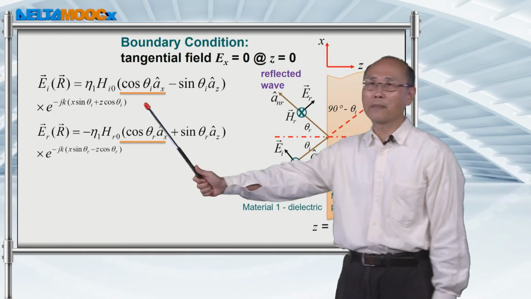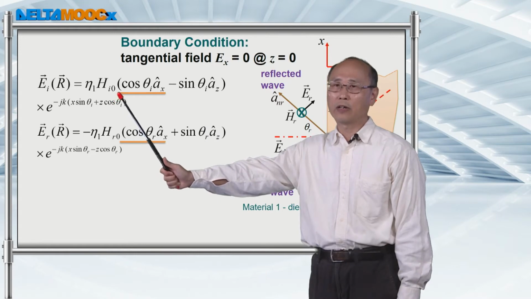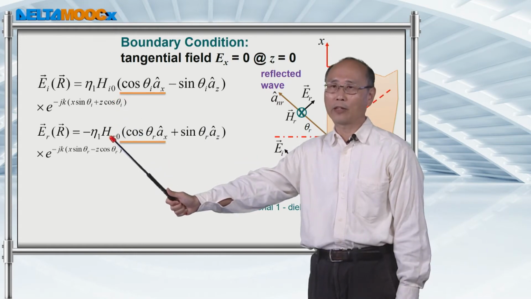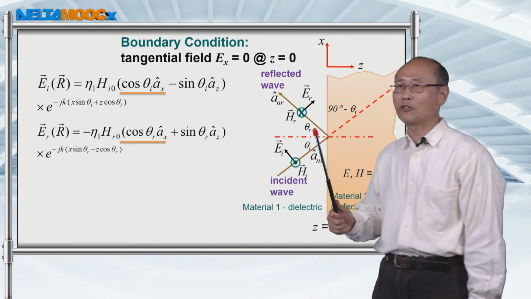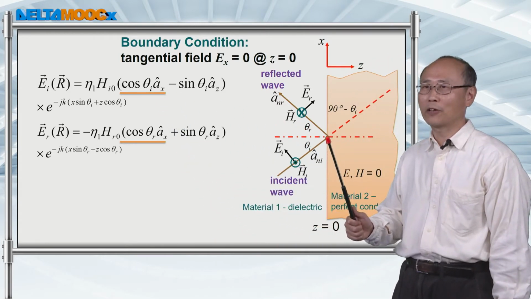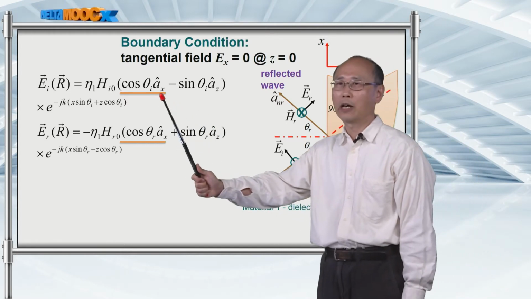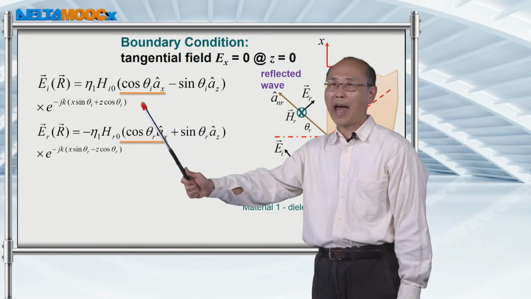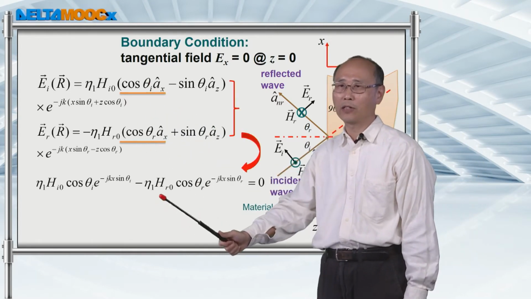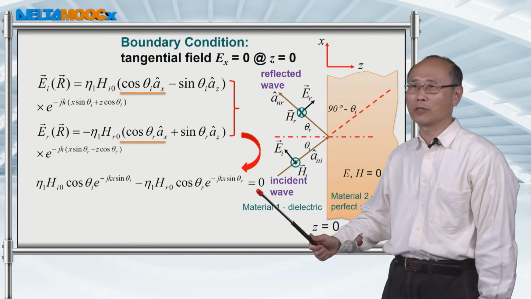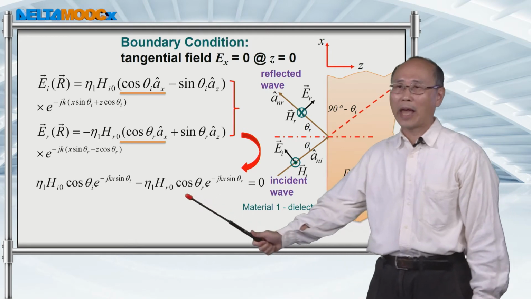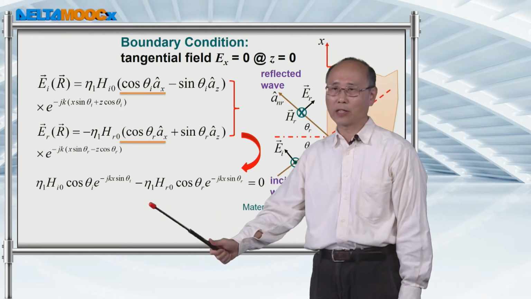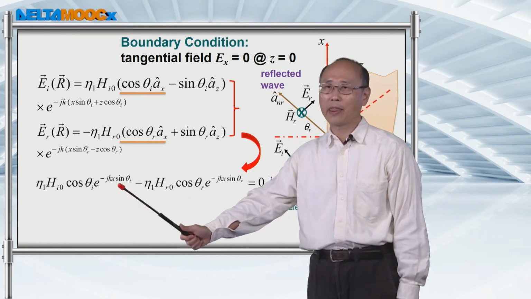So let's write down the incident field and also the reflected field for the electric field, and then identify the tangential component on the surface, which is the component along x direction. So you add these two terms together to get this term and set it equal to 0 to satisfy this boundary condition.